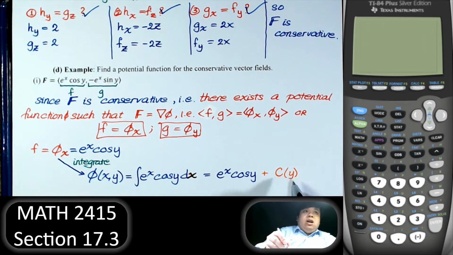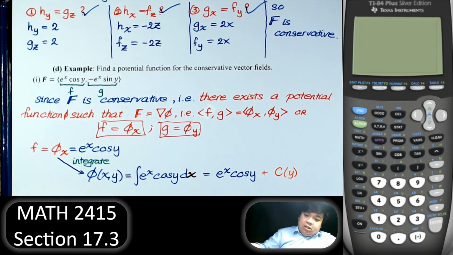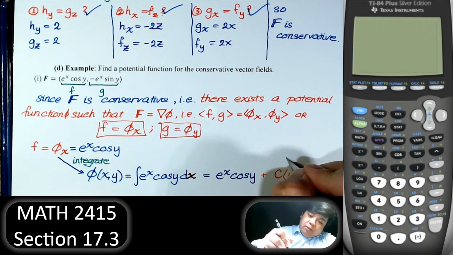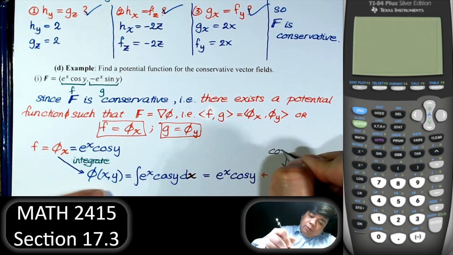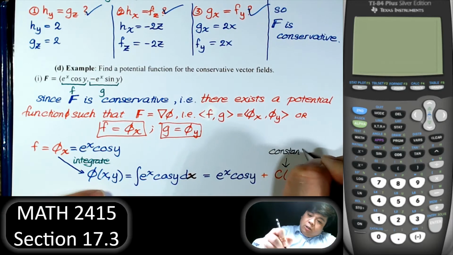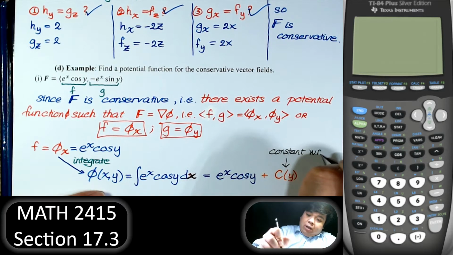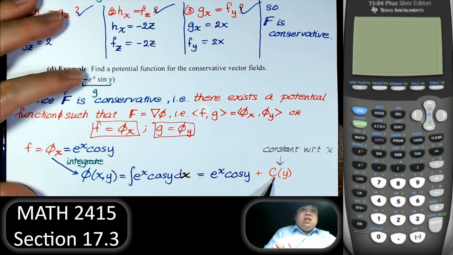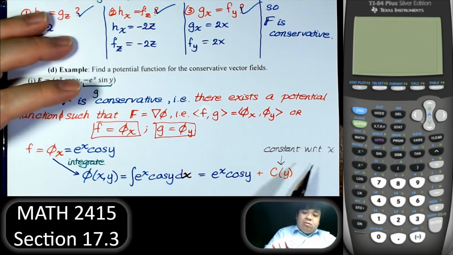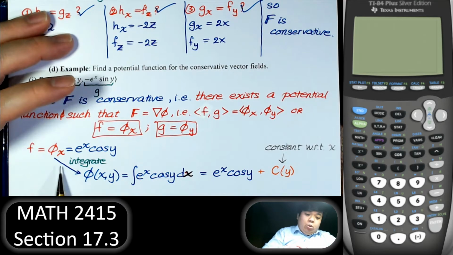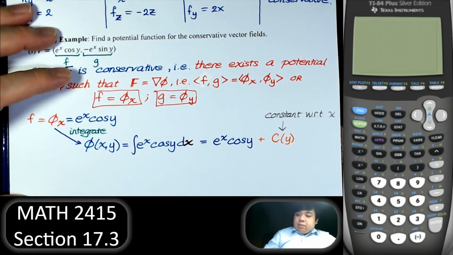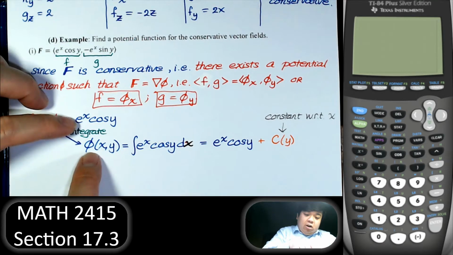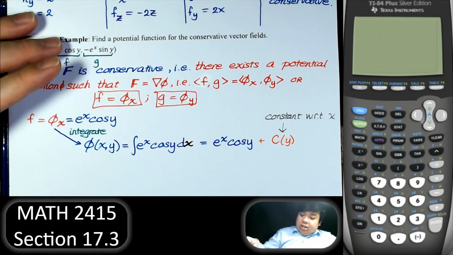So this is a constant with respect to x, we can write as a function of y, because y in that case is just a constant, because x is the variable. So we integrate. Now, if we have the function, now we will differentiate.